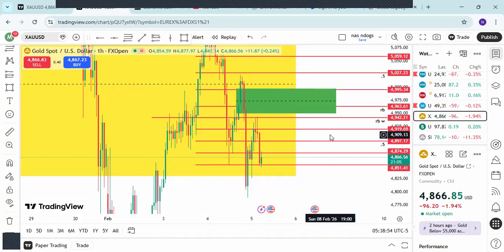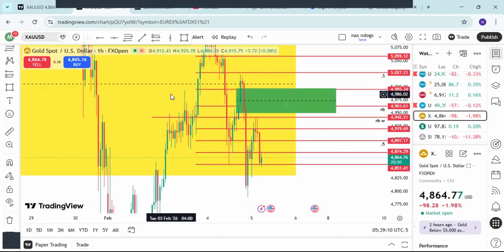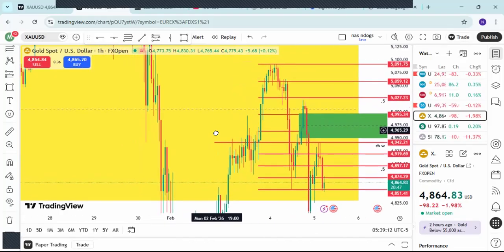Is this a fair value gap with the volume imbalance too? So should we come back in there and go higher than this? We'll probably go in there. But then we're going to have to keep an open mind here.